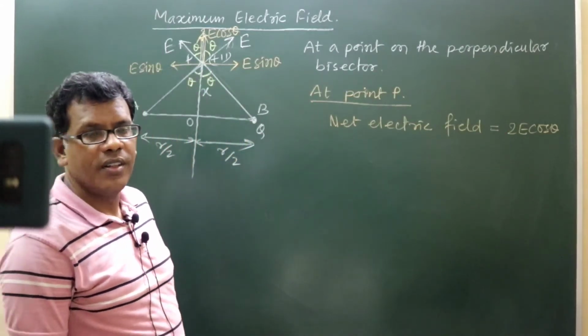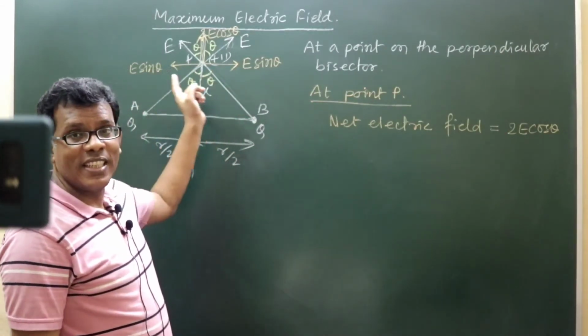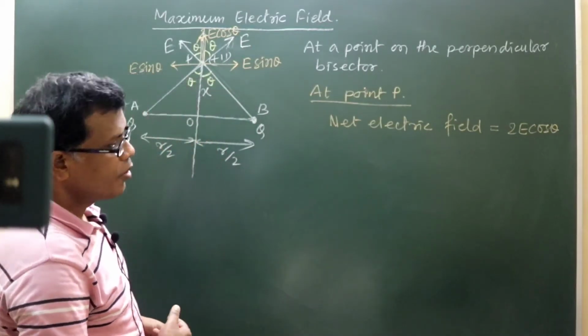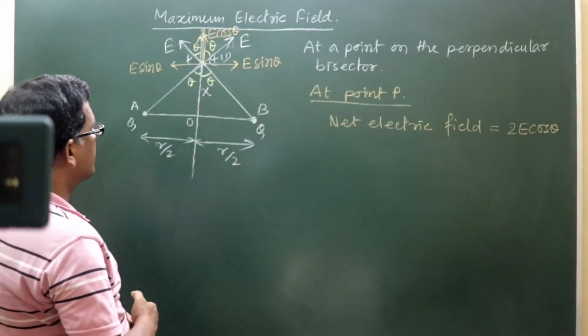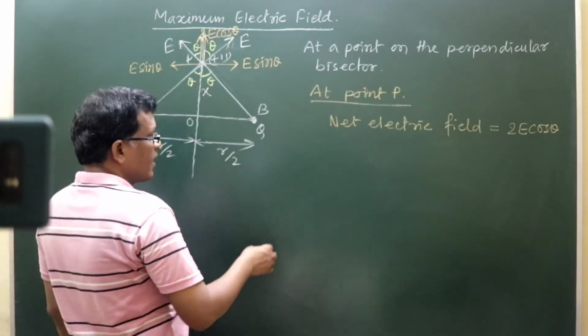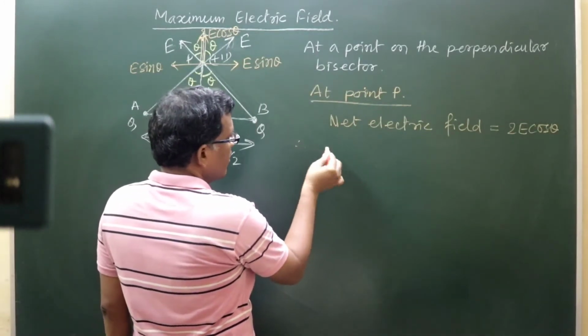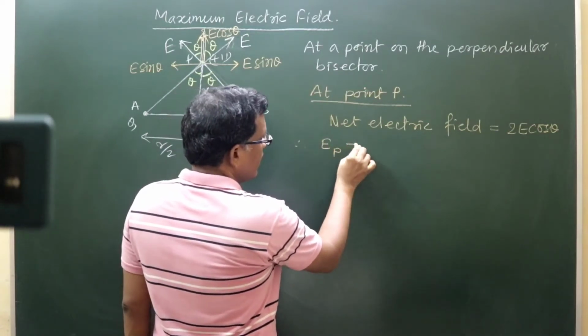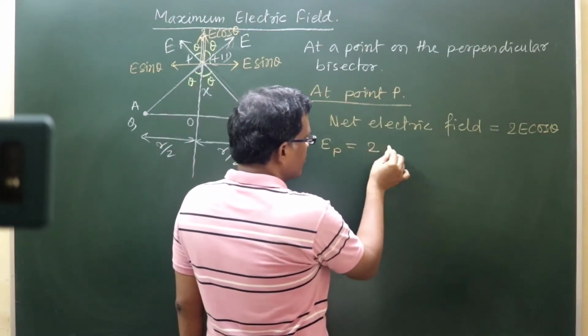Yes or no? So it will be twice E cos theta along the perpendicular bisector line. Therefore, the electric field value at P is twice E cos theta.